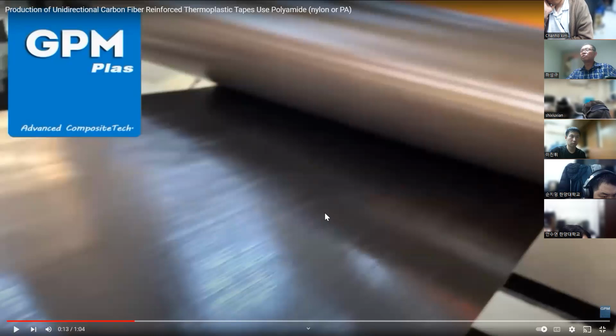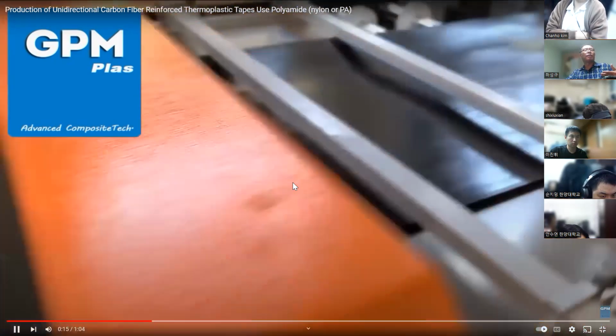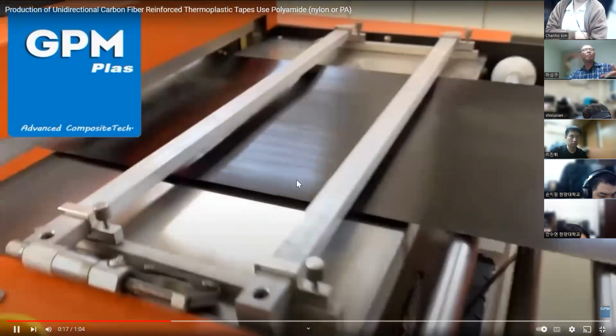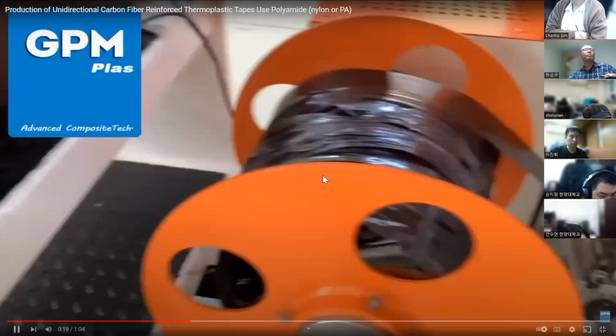It's going to be very solid. It's consolidated. It's not thermoset. Thermoset, once it's consolidated, we cannot melt it. But this is a thermoplastic. Thermoplastic means that once we have this tape, we can melt it.